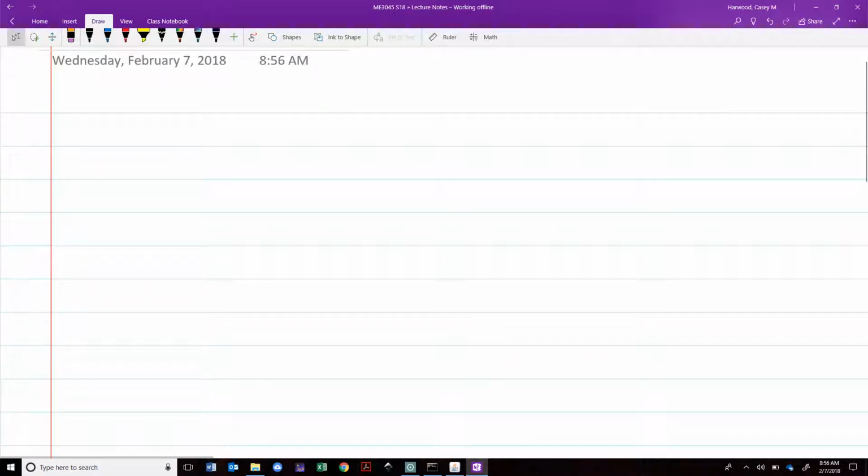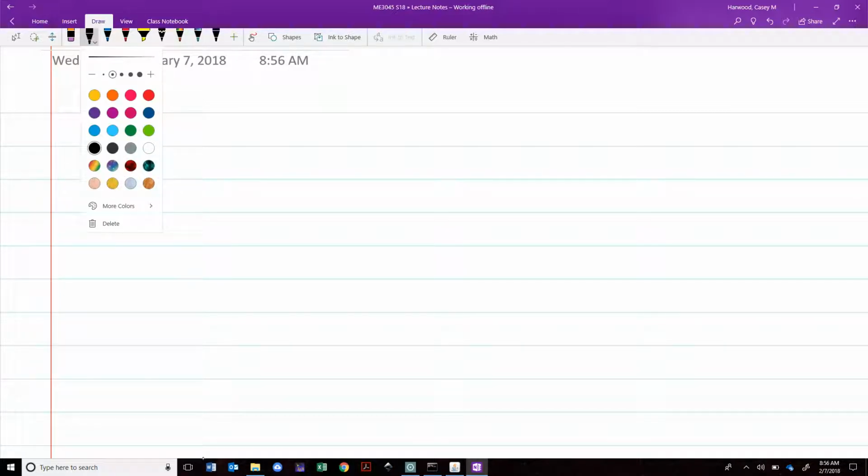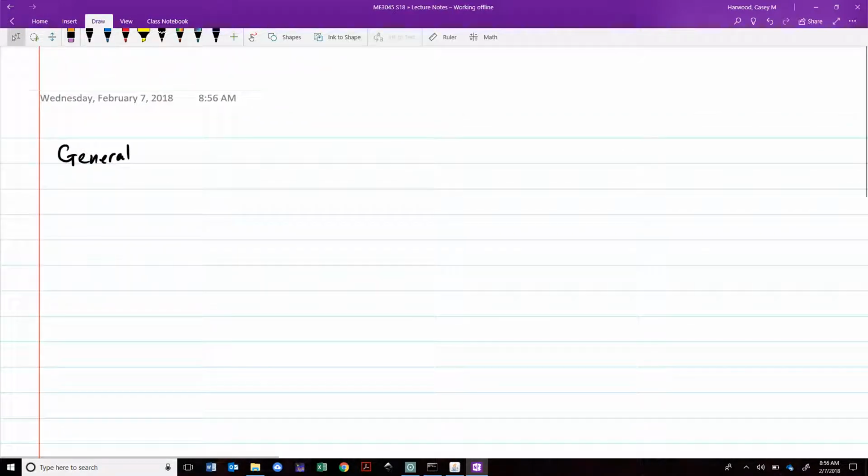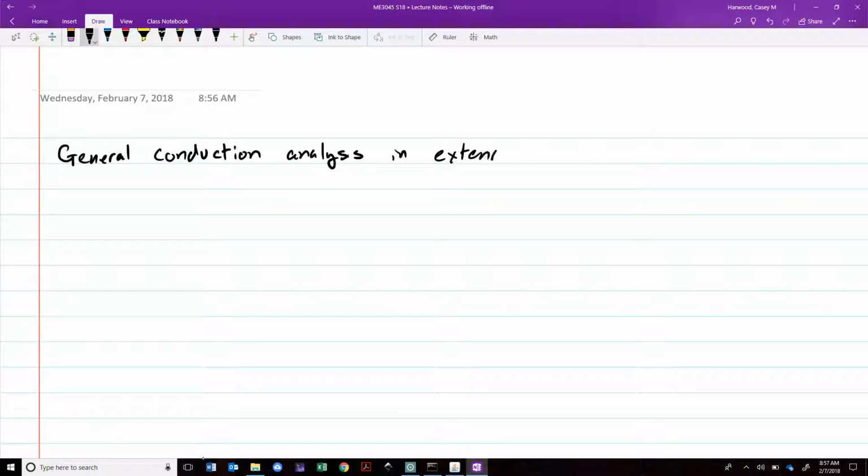So we're going to call this a general conduction analysis, and extended surfaces.